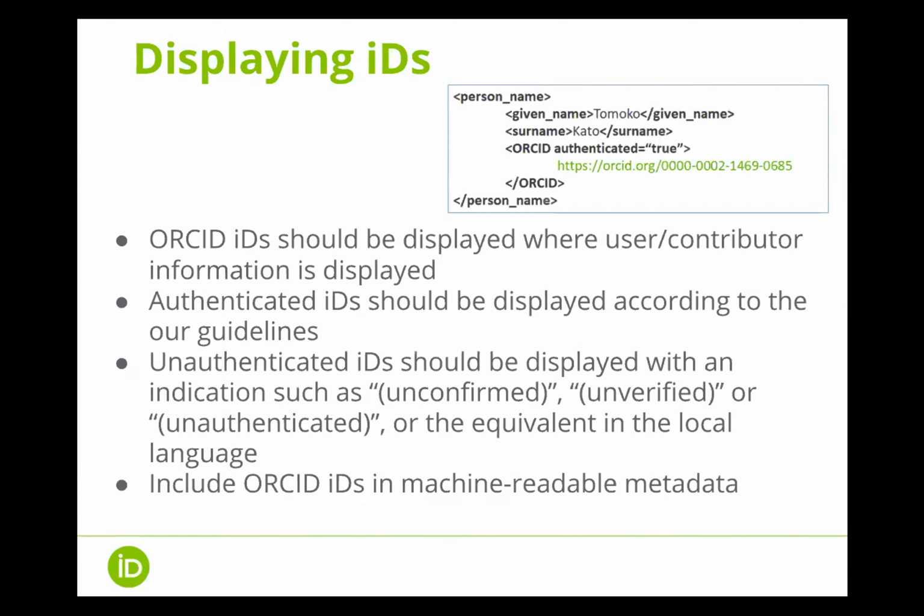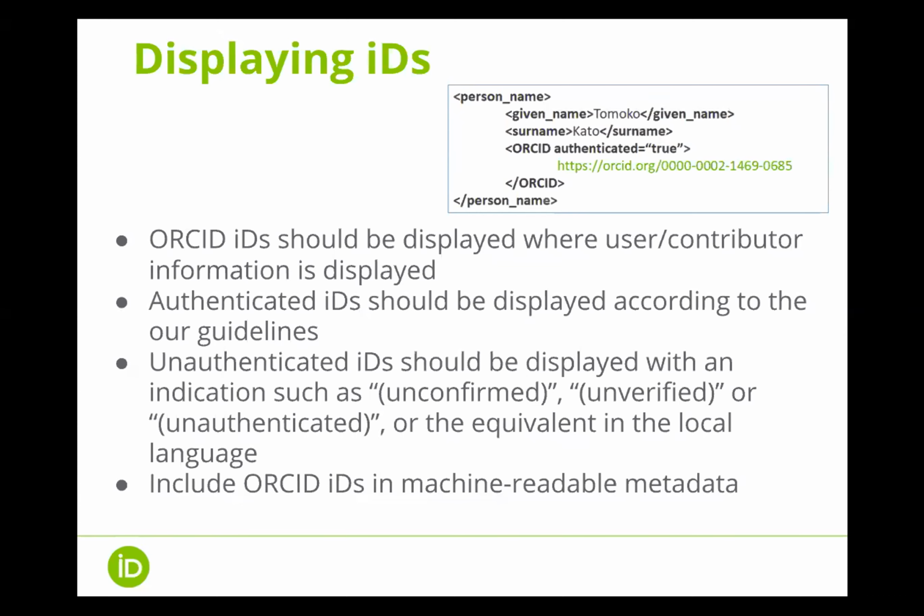However, if you've obtained a non-authenticated ID, we still recommend that you display it, but that you add an indication, for example, unconfirmed or unauthenticated, or the equivalent in your local language, so that you show the community that that ID has not been authenticated.